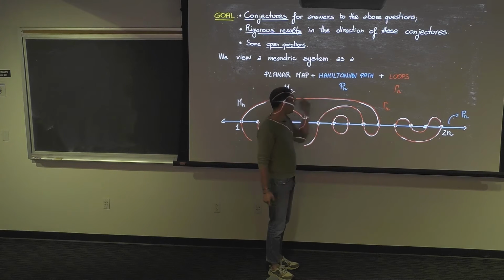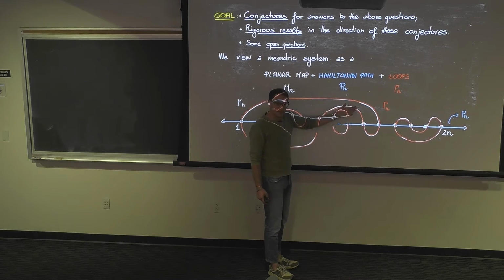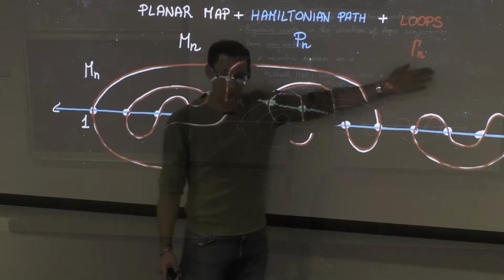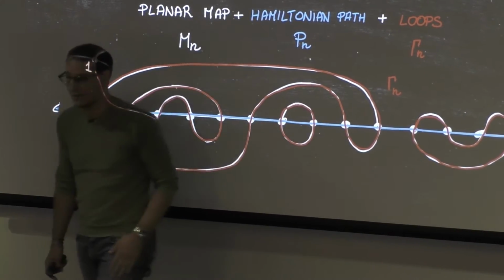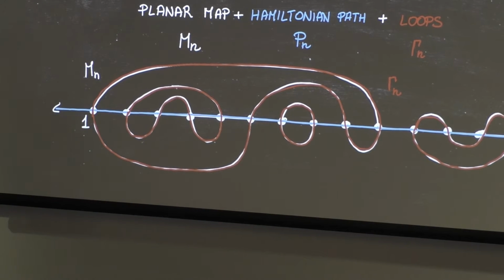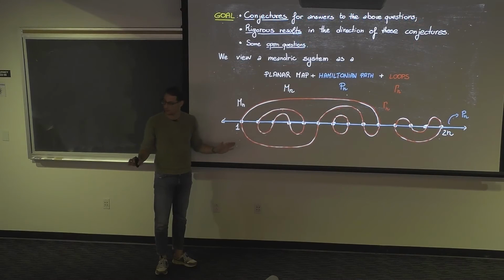Obviously, if I give you, for example, the planar map and the Hamiltonian path, you immediately determine what the loops are, and vice versa. If I give you the planar map and the loops, you immediately determine what the Hamiltonian path is. So they're not independent.